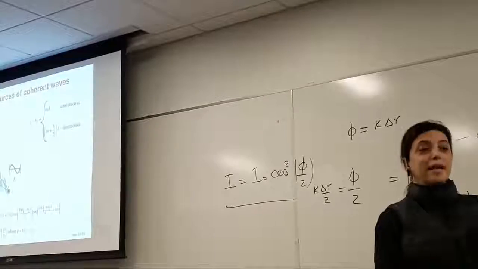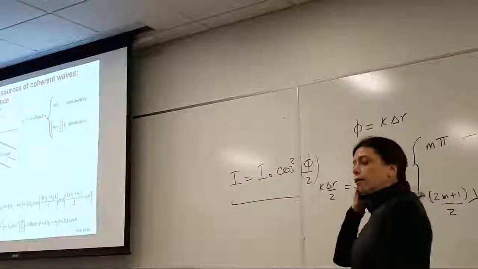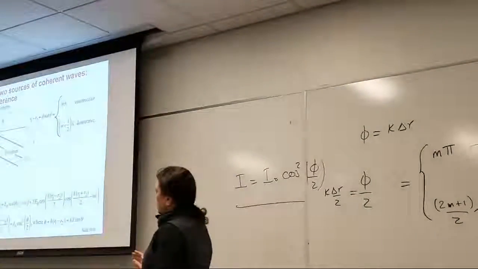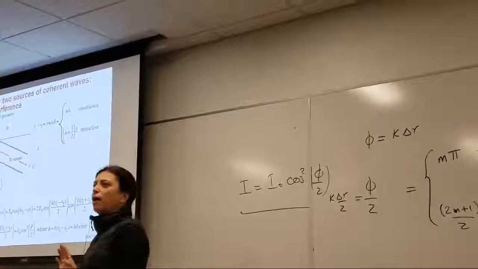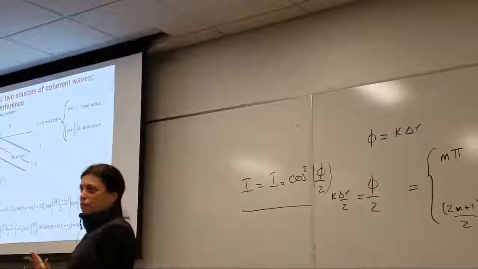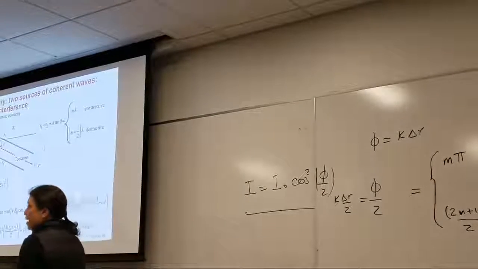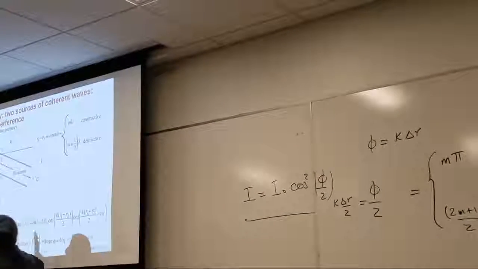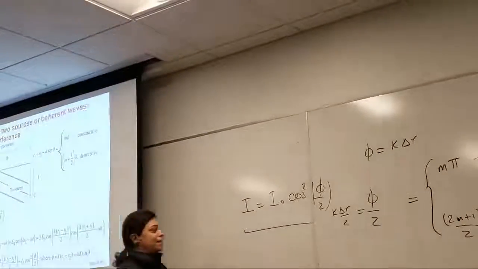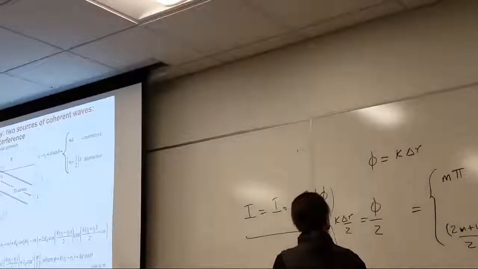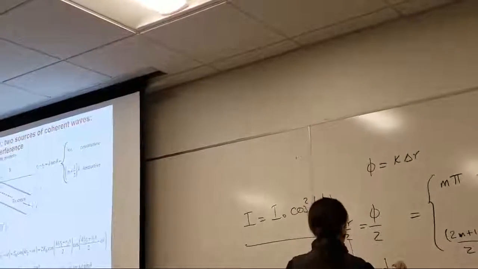Now, in the case of the two slits that Young played with, he put the screen quite far away, so he could do some mathematical approximations. The approximation is simply that he puts the screen so far away that he can approximate delta r as d sine theta.